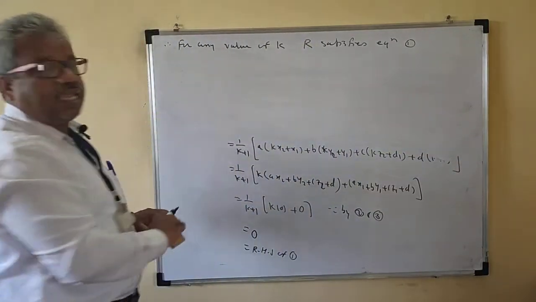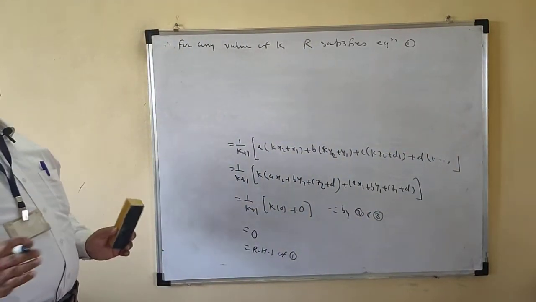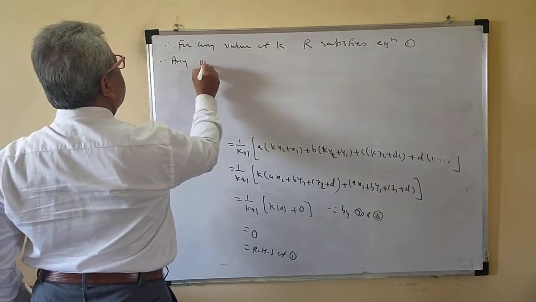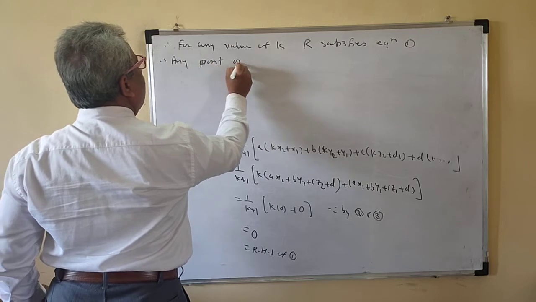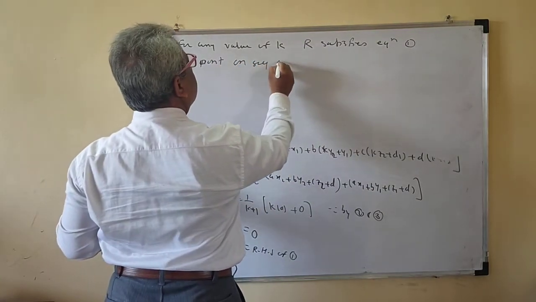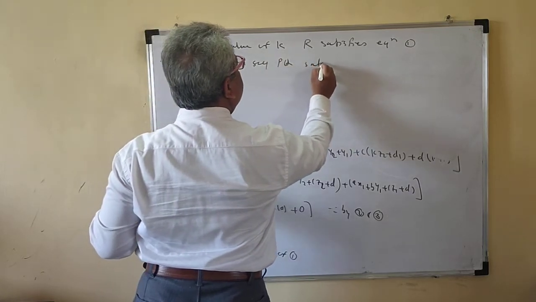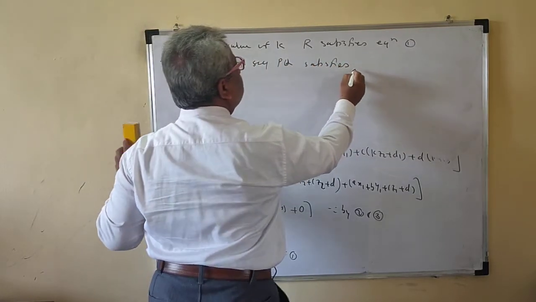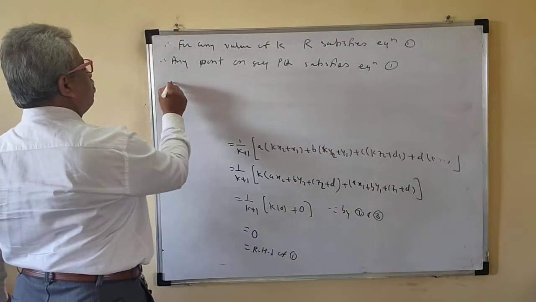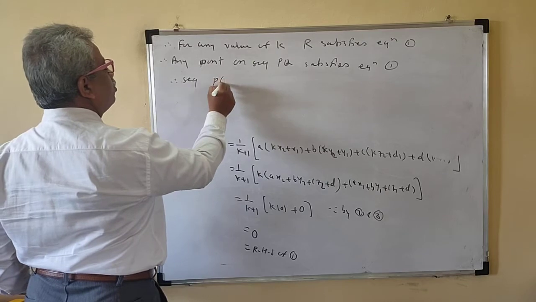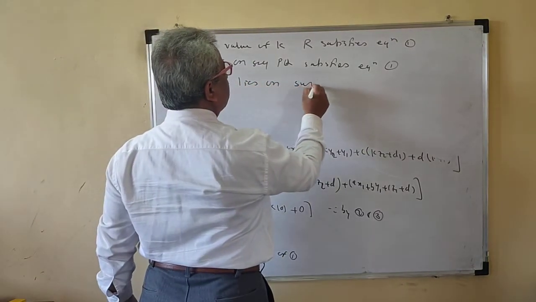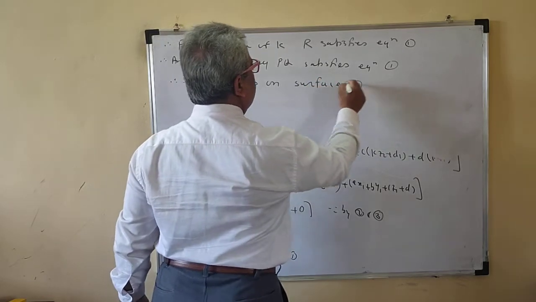So if you change the value of k, we get a different point. Therefore any point on segment PQ satisfies equation 1. Therefore segment PQ lies on surface 1.